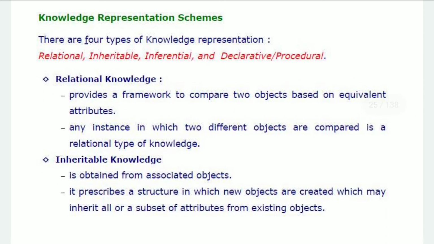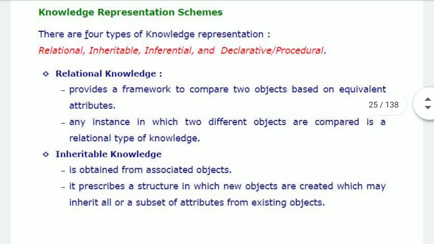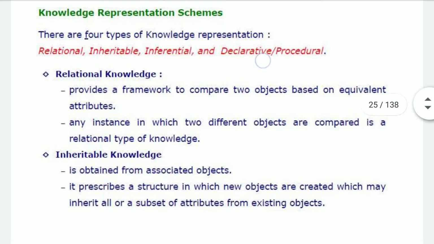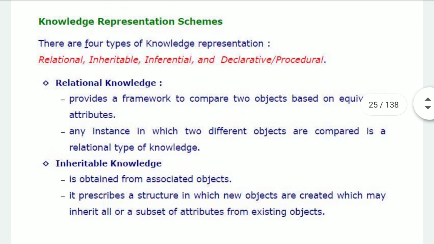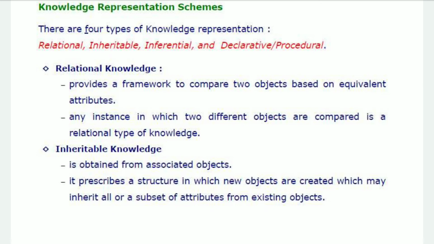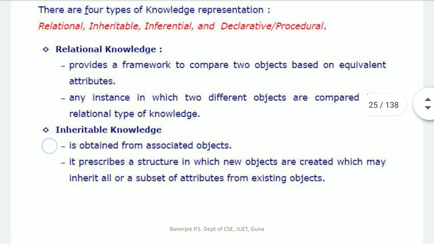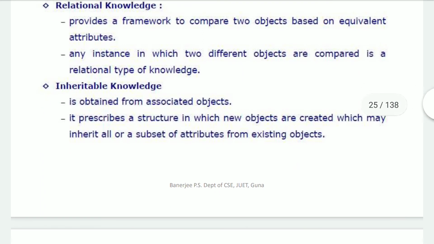Just to revise, the four types of knowledge representation are relational, inheritable, inferential, and declarative or procedural. So 1, 2, 3, and 4. Relational knowledge provides a framework to compare two objects based on equivalent attributes. An instance in which two different objects are compared is a relational type of knowledge.